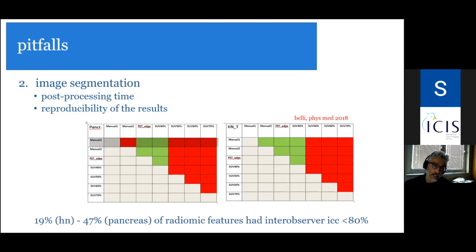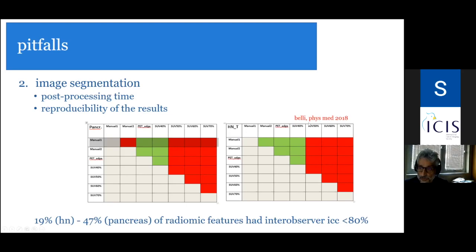Image segmentation introduces additional variability. There are two problems. We already discussed the post-processing time, but image segmentation has an effect also on the reproducibility of the results. And so I want to discuss with you the results of this paper, which was done at the University of Milan recently.